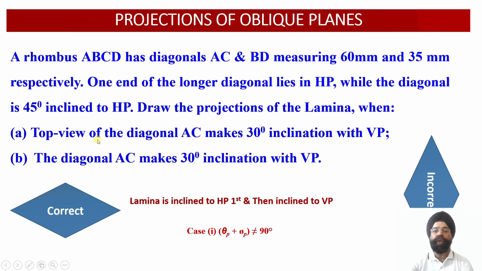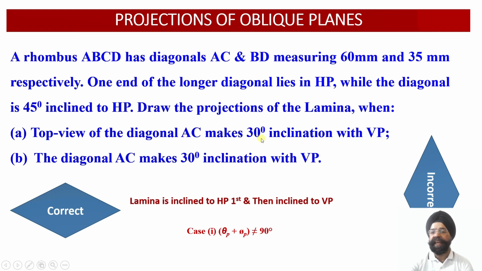Now the second orientation of this lamina is provided to us with respect to the vertical plane. We are provided with the fact that in the first case, the top view of the diagonal AC, that is the apparent length of the diagonal AC obtained after this first inclination, is further inclined with respect to VP at an angle of 30 degree.